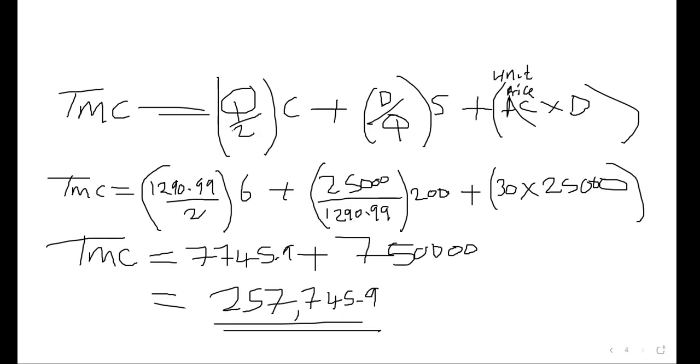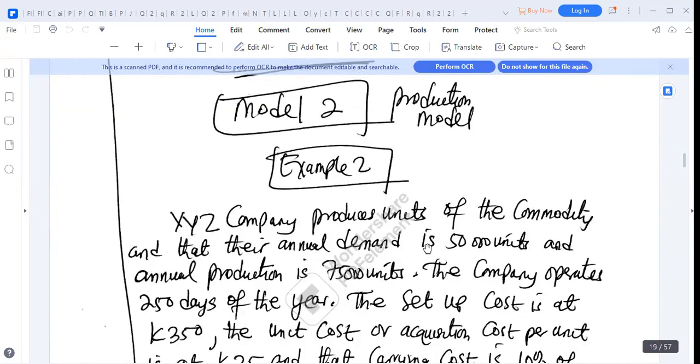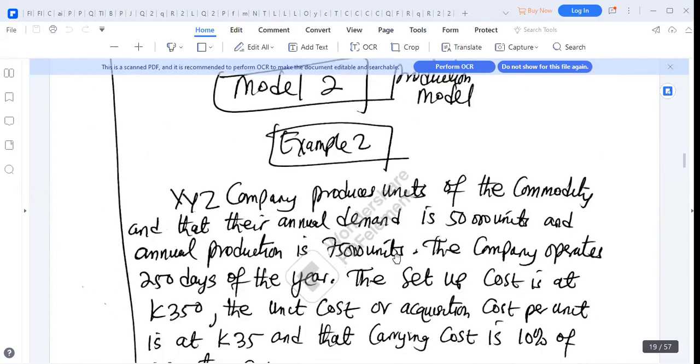So we need to now switch to model number 2, where we are looking at the firm. They no longer want to continue buying. They want to produce their own goods now. So we get to model 2 now. There are a number of formulas that will come through for this model.